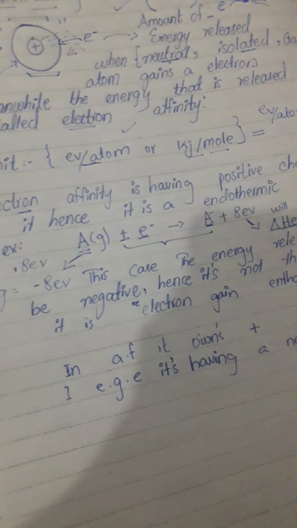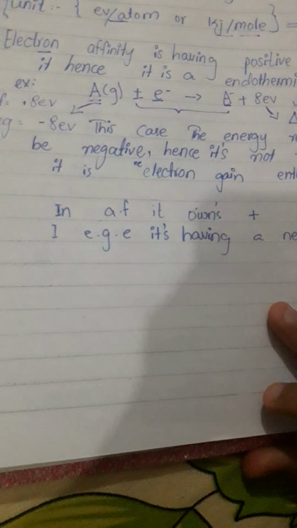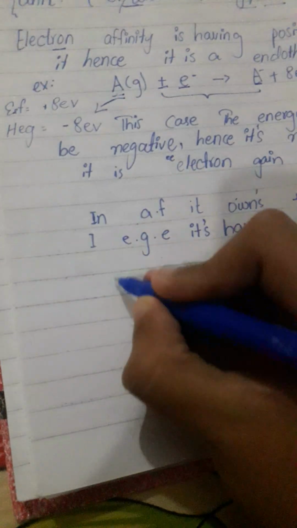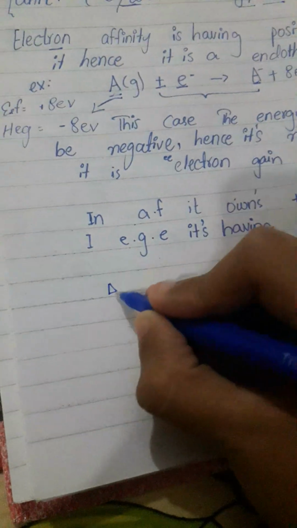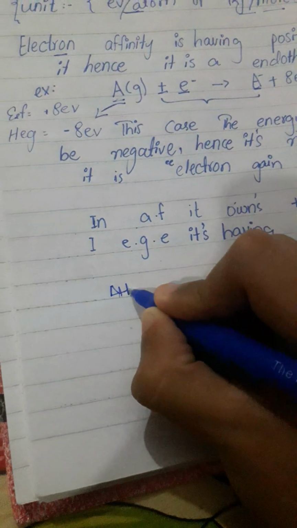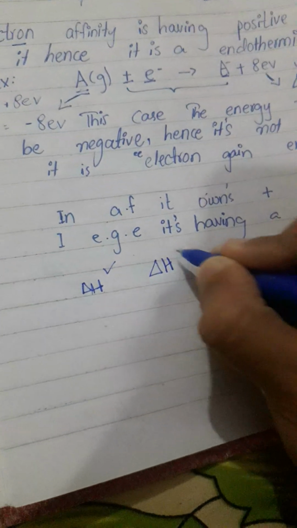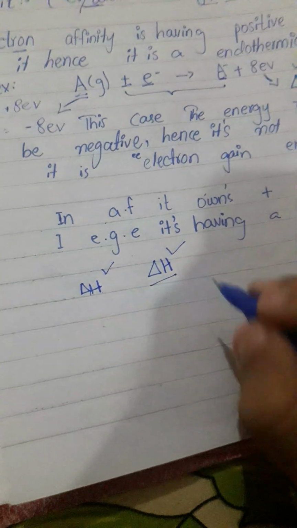Electron affinity always has a positive charge. Now, why is it always positive? As I told you yesterday about delta heat capacity, let me draw it again. This is delta heat capacity.